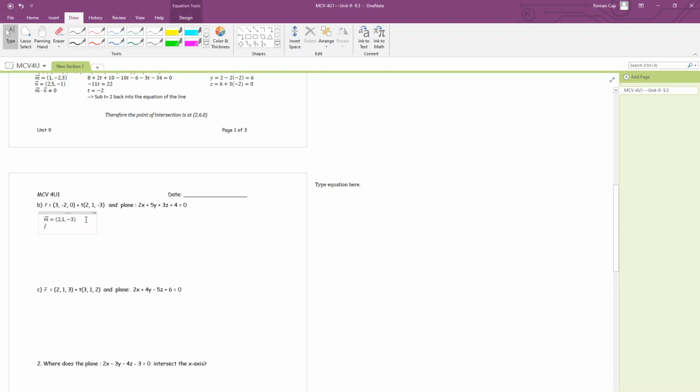And then we're going to do the same thing. We're going to get the vector from the plane. So n is going to be equal to (2, 5, 3).